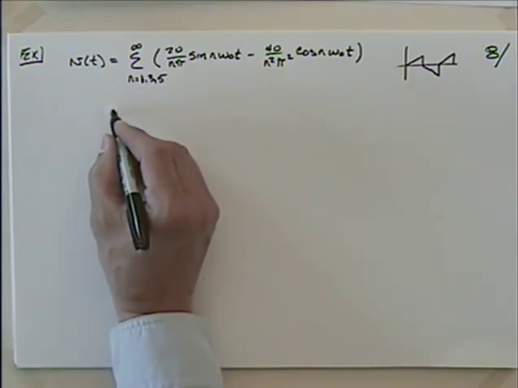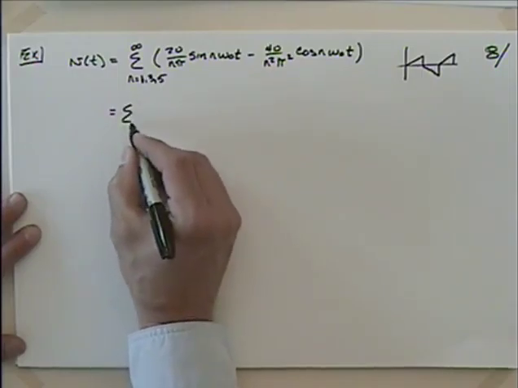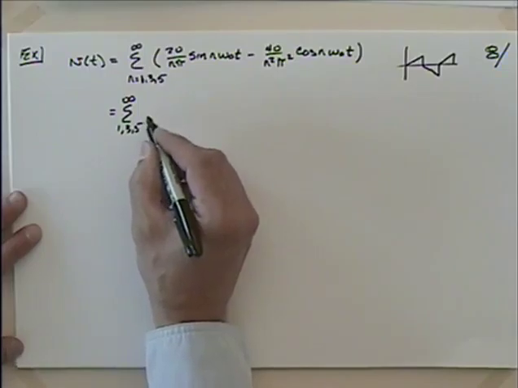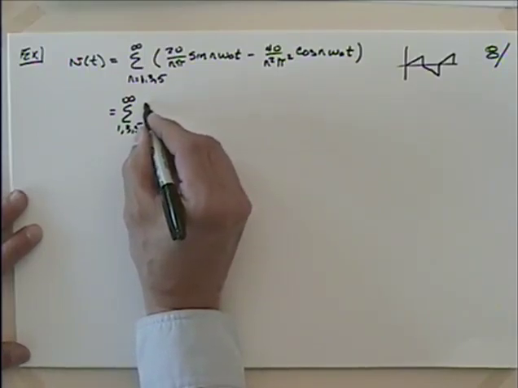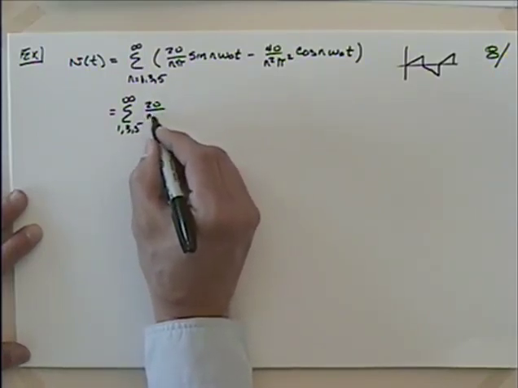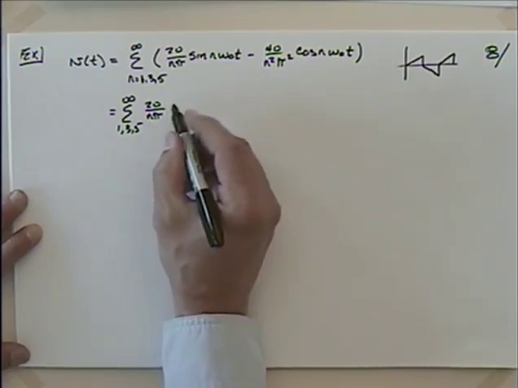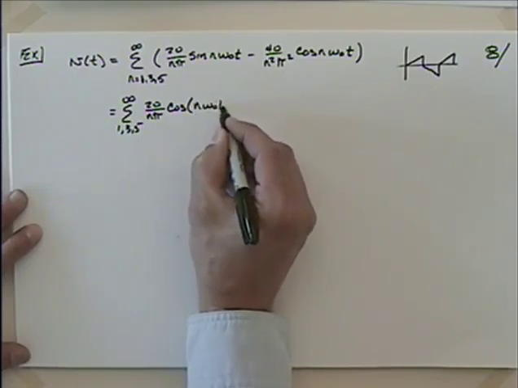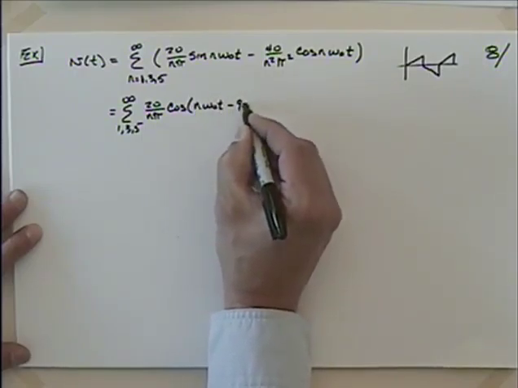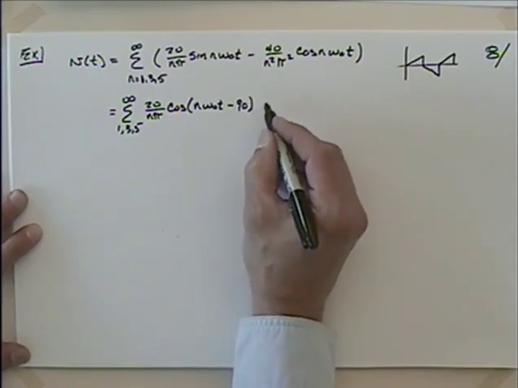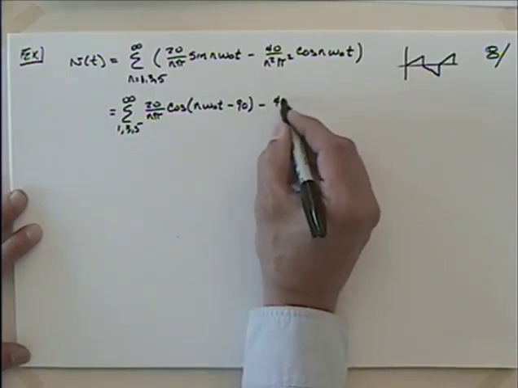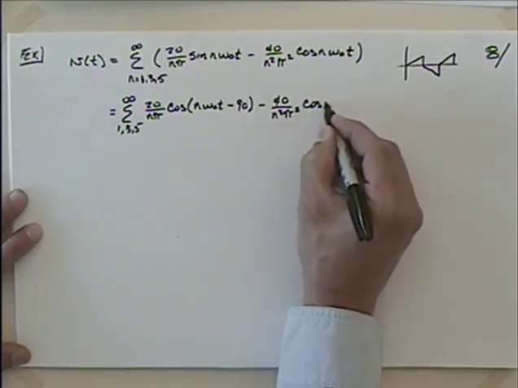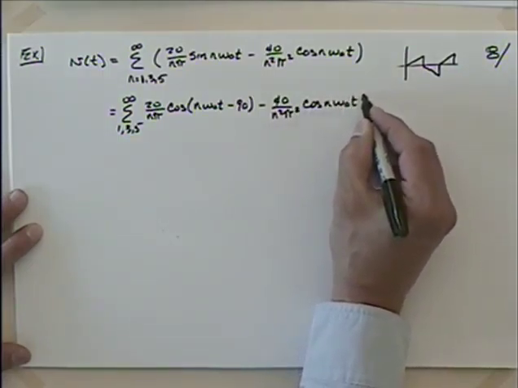So this equals the sum over 1, 3, 5, and so on to infinity of 20 over n pi times the cosine of n omega naught t minus 90, in degrees, so I have to be careful of that, minus 40 over n squared pi squared times the cosine of n omega naught t.